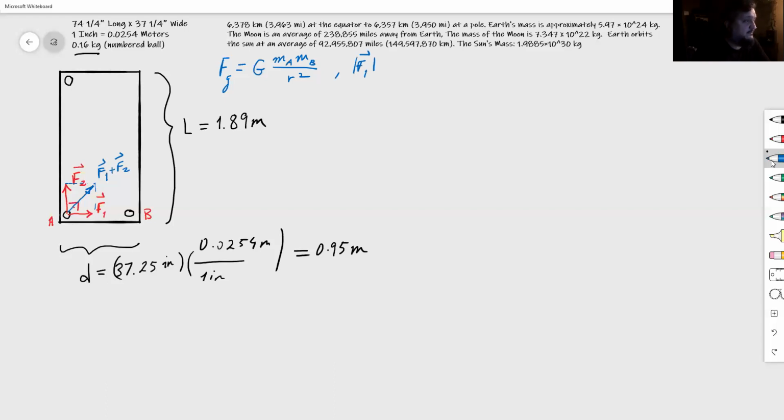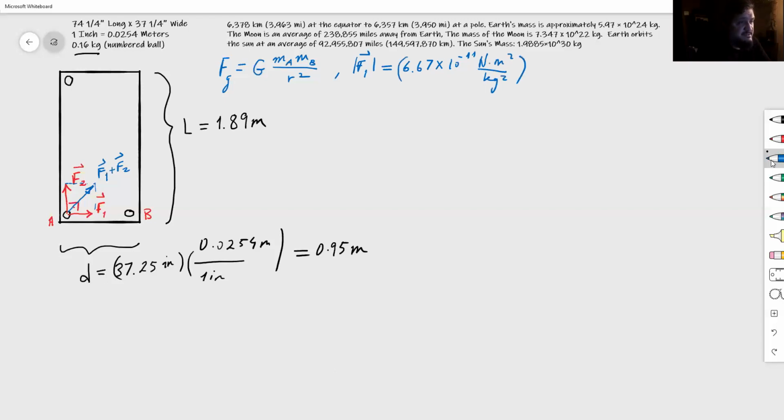The magnitude of F1. We'll need G, that's 6.67 times 10 to the negative 11 Newton meter squared per kilogram squared.